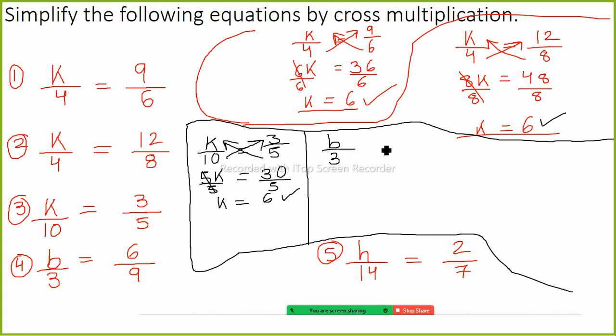Even though we changed the letter, the same thing still applies, so don't mind the letter change. 3 times 6 equals 9 times b, that's 9b. It's going to be equal to 6 times 3, which is 18. Divide both sides by 9. We get b is equal to 18 divided by 9, which is 2. Very good.